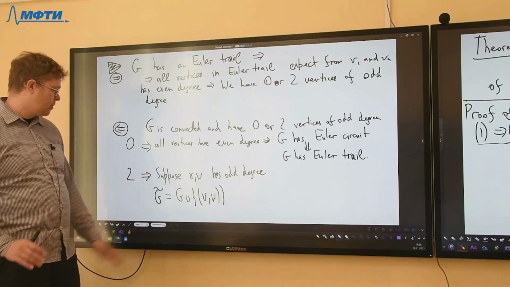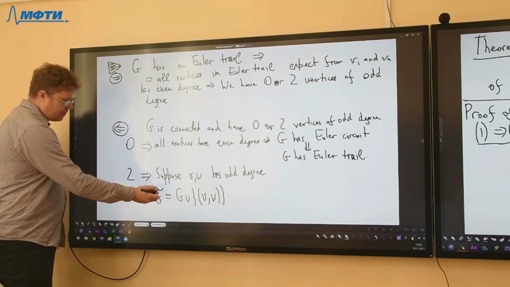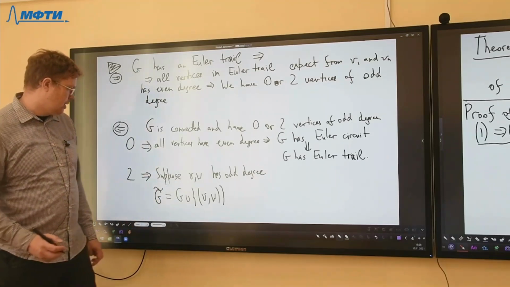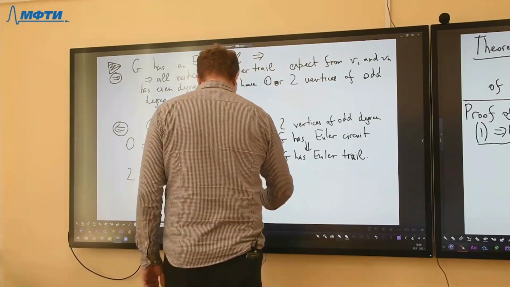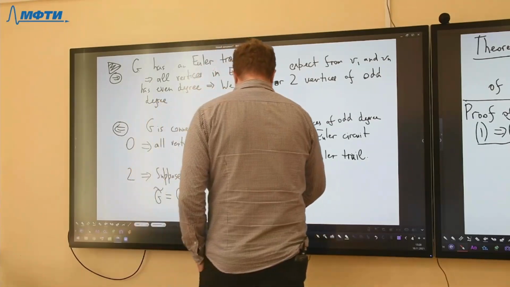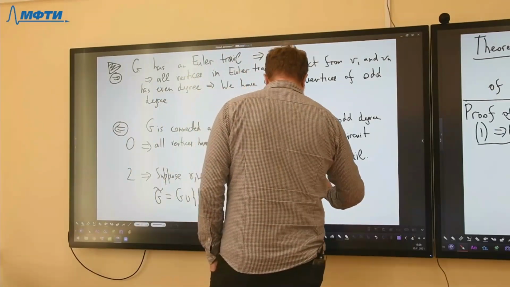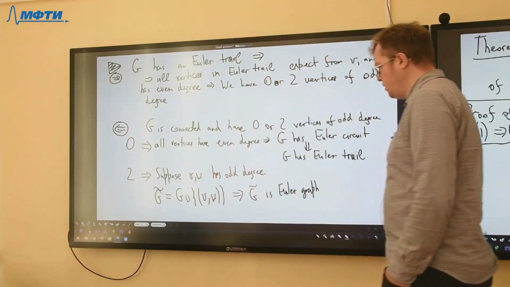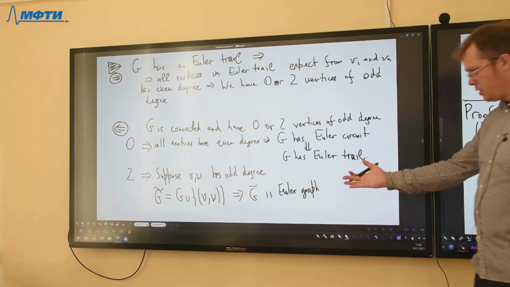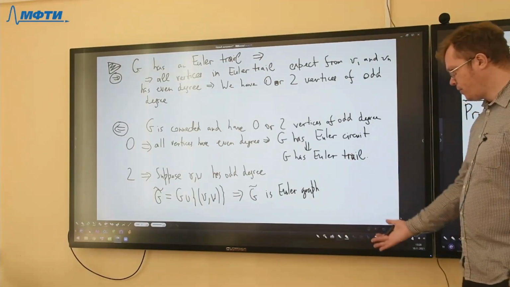But it's okay because I consider a multigraph. And now the new graph is Eulerian by the proof of the theorem. Now all the vertices have even degree, so we have an Euler circuit here.